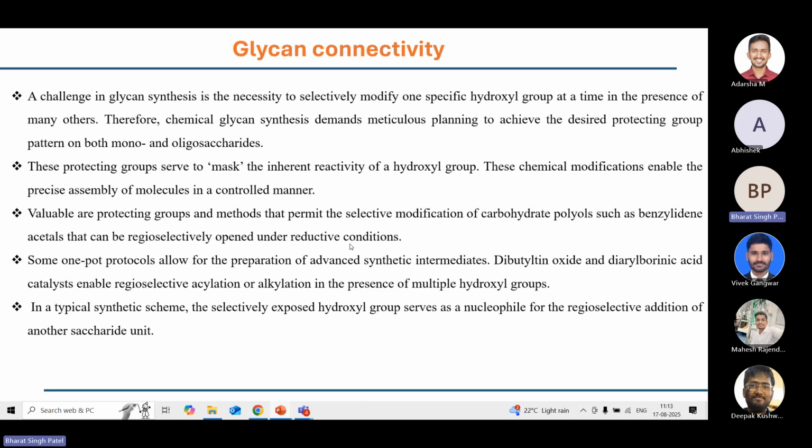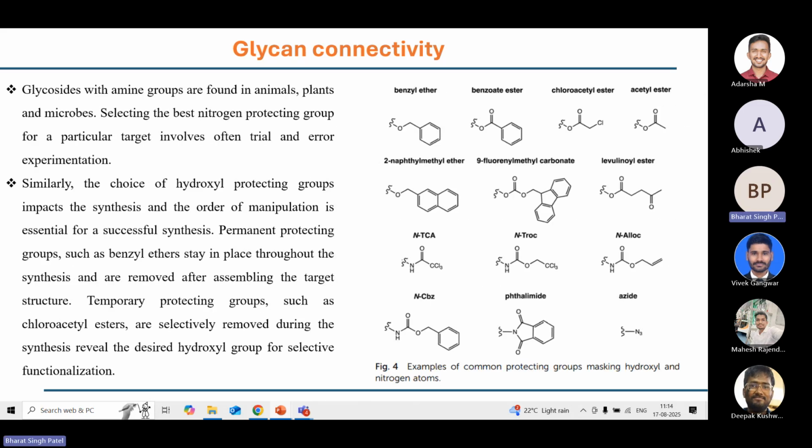And another way is the protocol with dibutyltin oxide or diarylborinic acid, which leads to selective acylation or alkylation of one of the hydroxy groups in the presence of multiple hydroxy groups. Again, those free hydroxy groups can be further utilized for glycoconjugate synthesis.